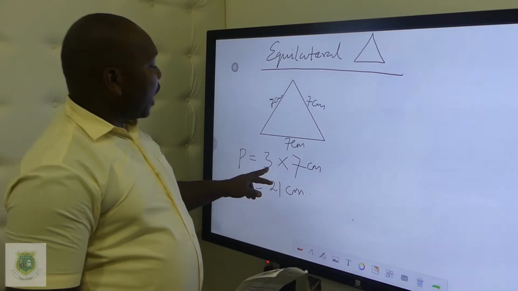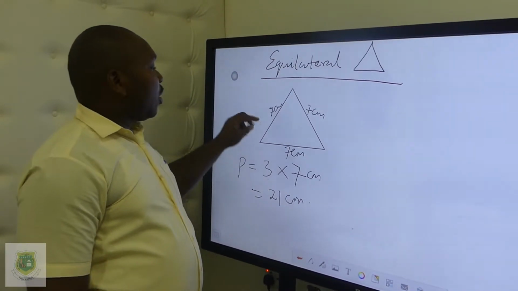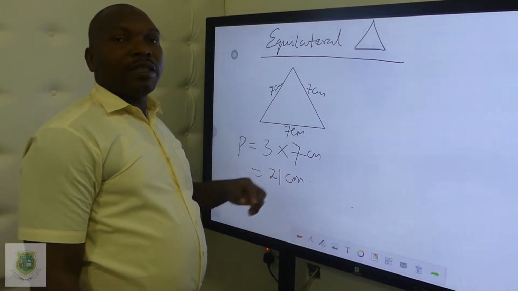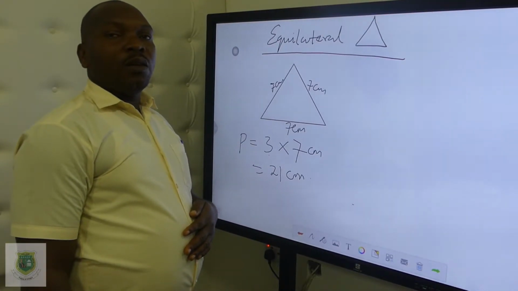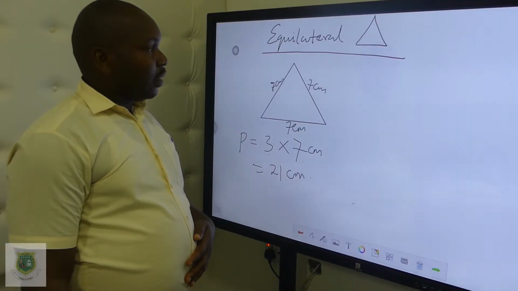Why are we multiplying by 3? Because in an equilateral triangle, the three sides are equal. That is why we are multiplying by 3.